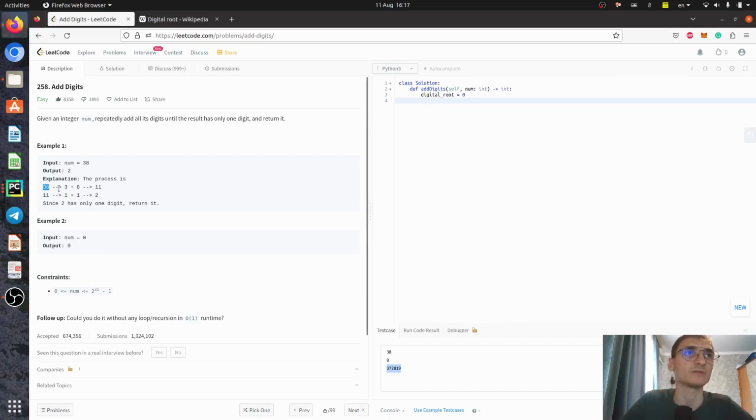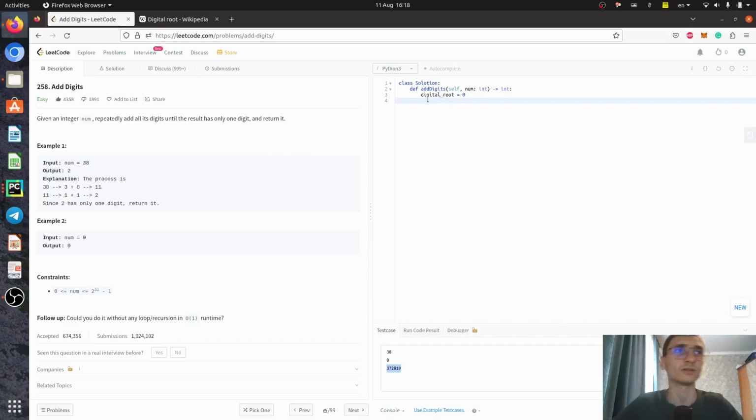We have to find the way of how to extract digit by digit from our initial number. How to do it? When working with numbers, there is a simple workaround of doing it.